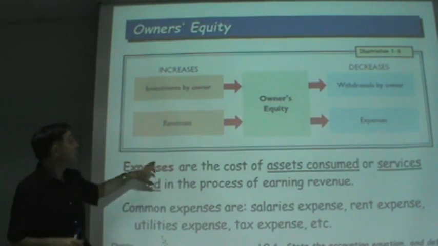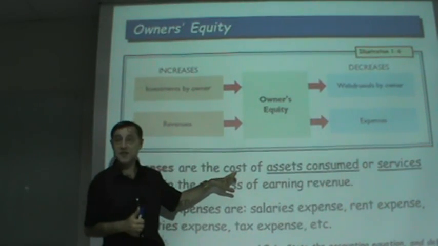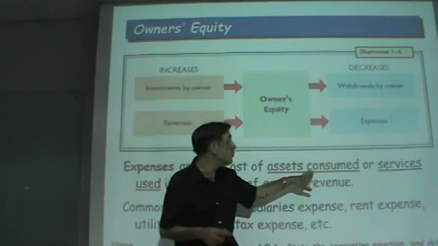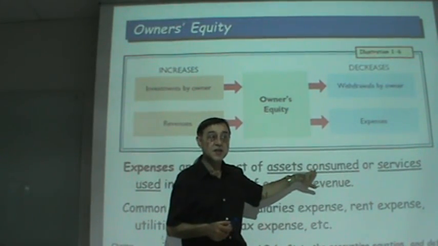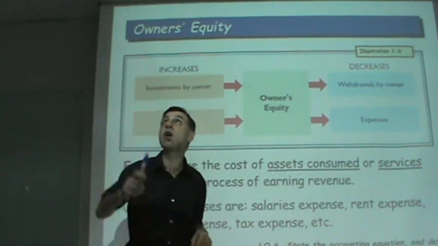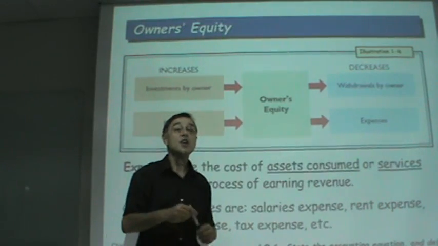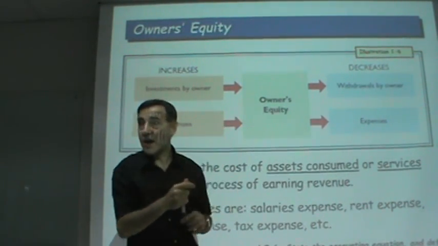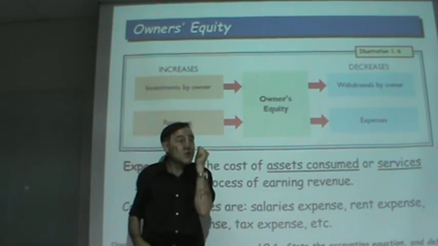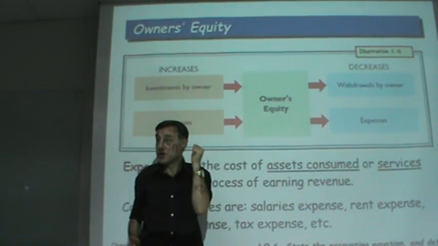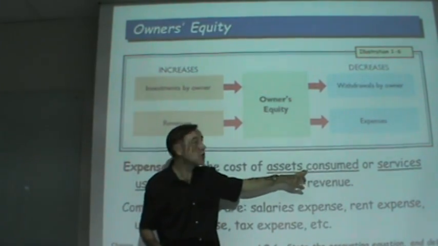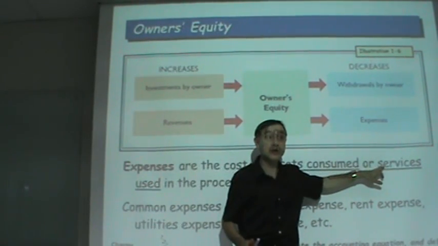Expenses, we say, are the costs. This is the cost of assets which are consumed. So we consume now electricity. We consume now this little pen, okay? When you talk on the phone, you consume minutes on the server. So it is the cost of assets consumed or of services used.